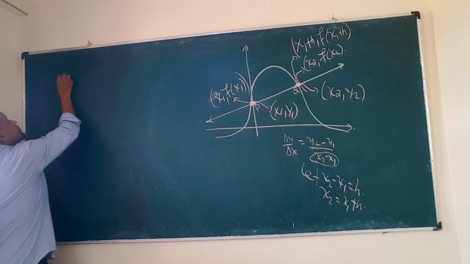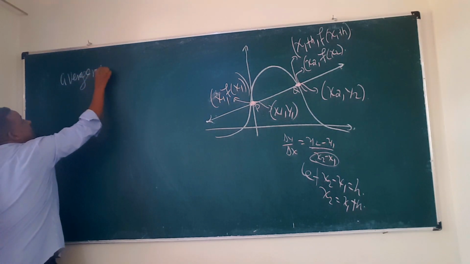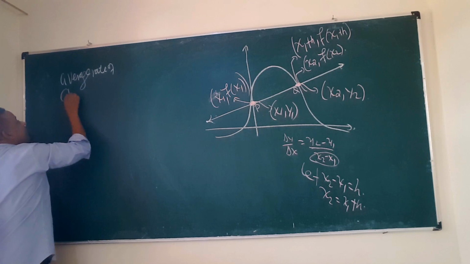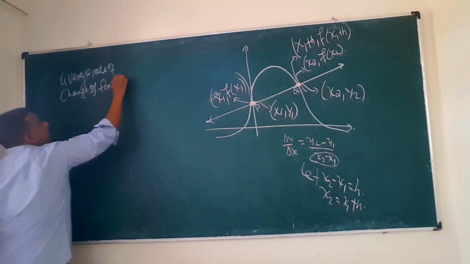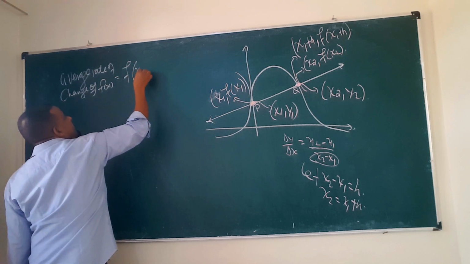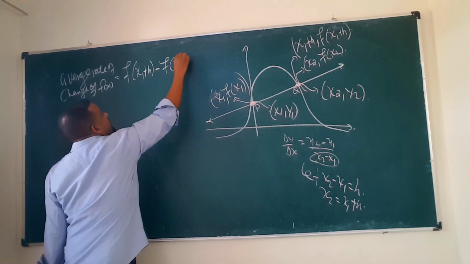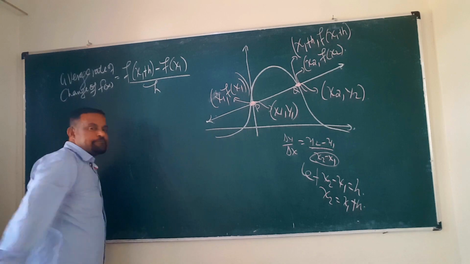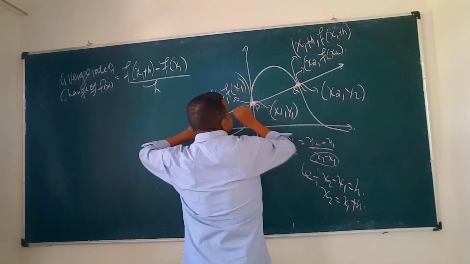Look, the average rate of change of f of x, which is f of x1 plus h minus f of x1 over h. That means the slope of this secant line.